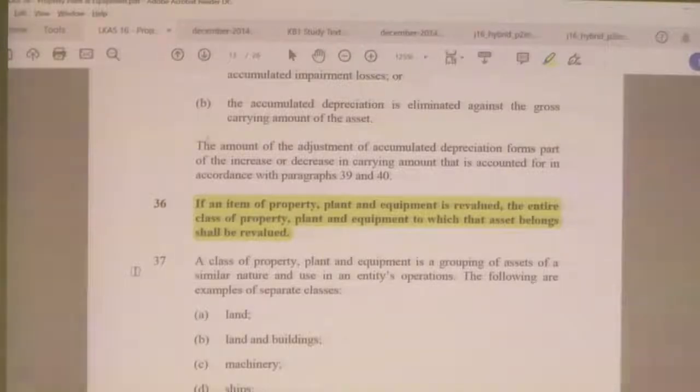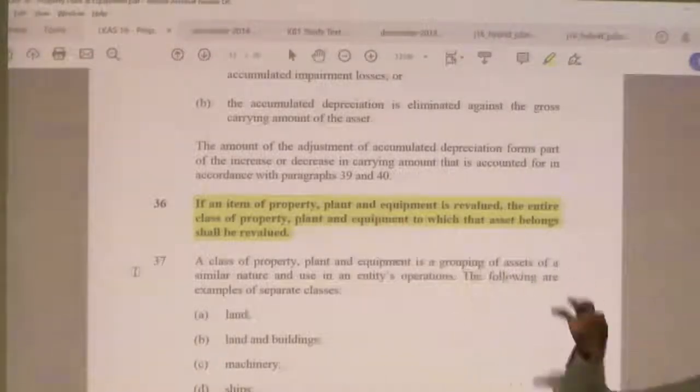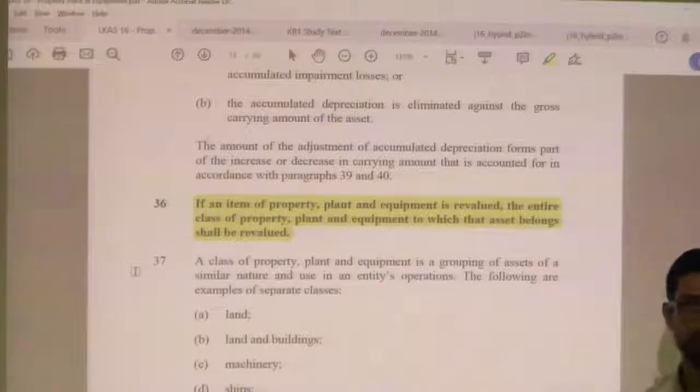We have furniture and fittings, this table, this projector and some other fixed assets. If you decided to revalue these chairs or the furniture and fittings, you can't revalue only the items in this classroom. The entire class of asset you must revalue.